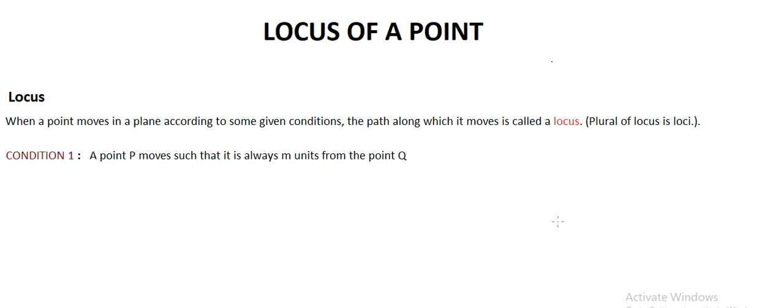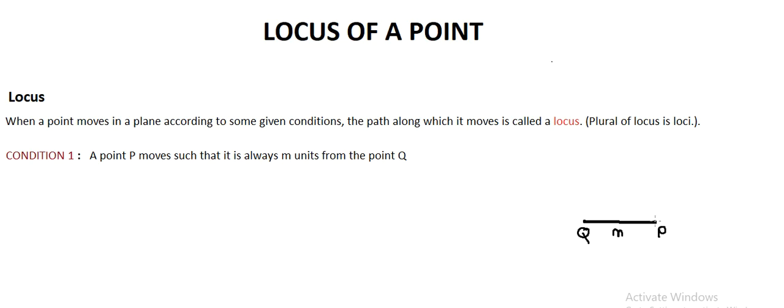Here I am taking a fixed point, that is Q, and we know that the distance between the moving point P and Q is always m unit. So I am taking an m unit here. Let this length be m unit, then the end point will be P. This is our P and this distance is the m unit.